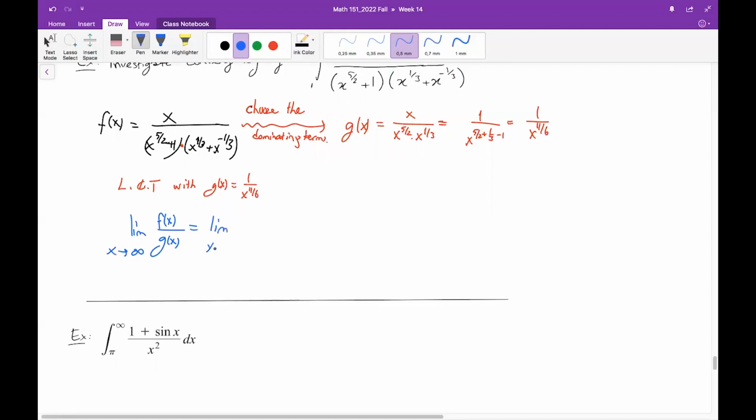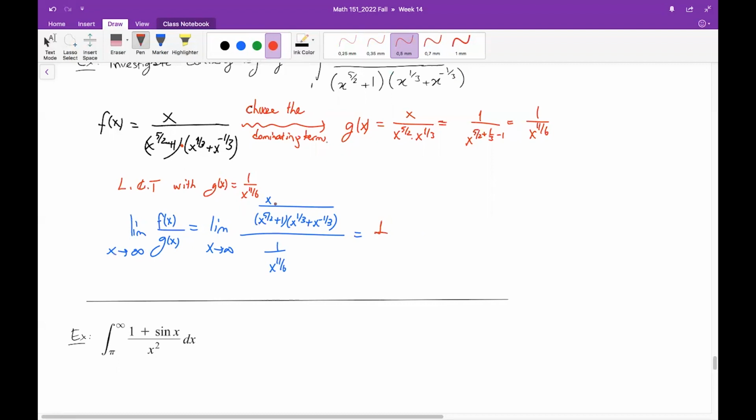I have f like that: x over x to the power 5 over 2 plus 1 over 3 plus x to the power minus 1 over 3. In the denominator, I have this 1 over x to the power 11 over 6. So the result of this limit will be 1.